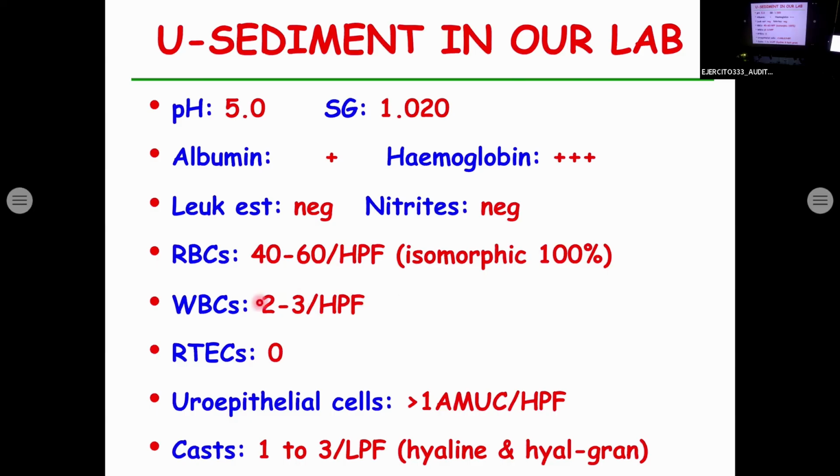A few white blood cells, no renal tubular cells, uroepithelial cells 4+, and casts 1 to 3, hyaline and granular. So albumin and casts reflect the basic situation of this patient, while hemoglobin and uroepithelial cells tell us the new situation which has arrived and superposed to the basic situation.